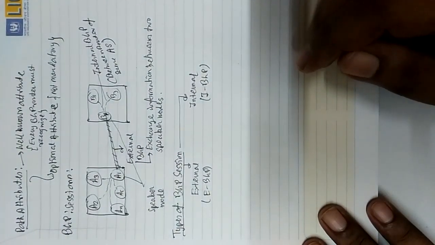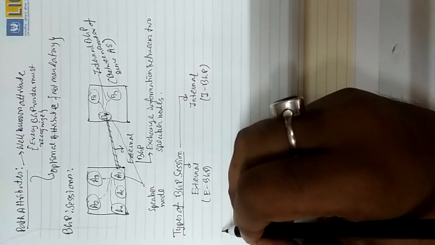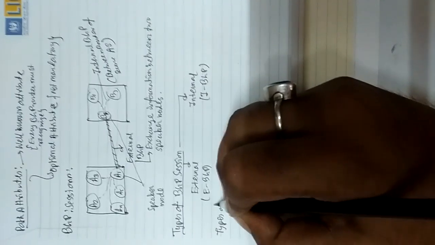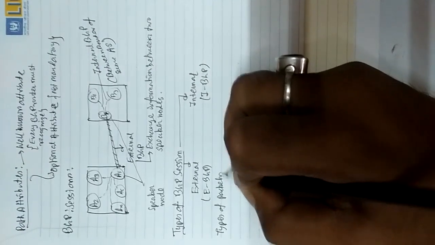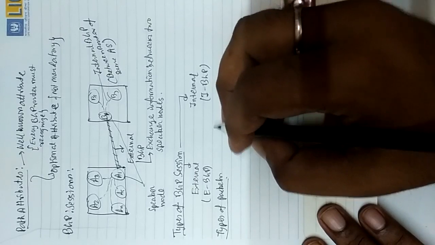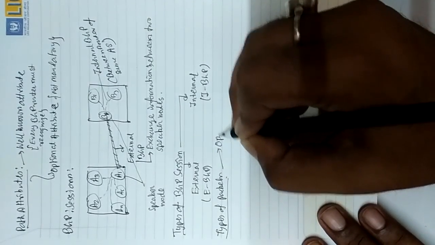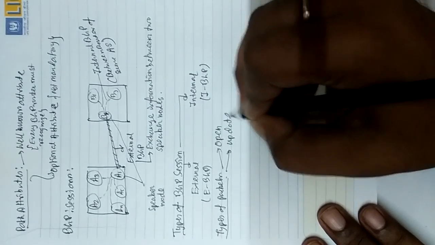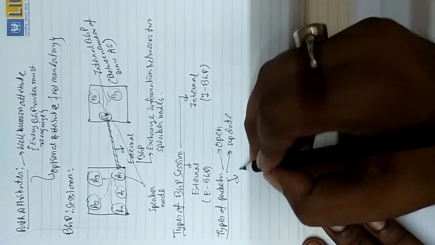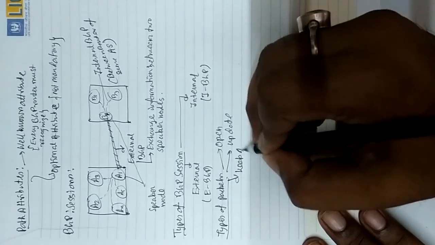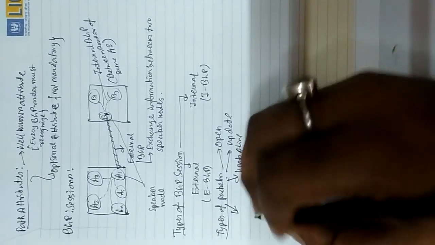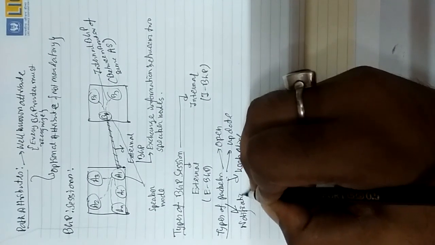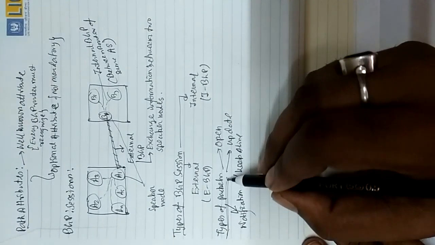Now we will study the types of packets of BGP. There are basically four types of packets.